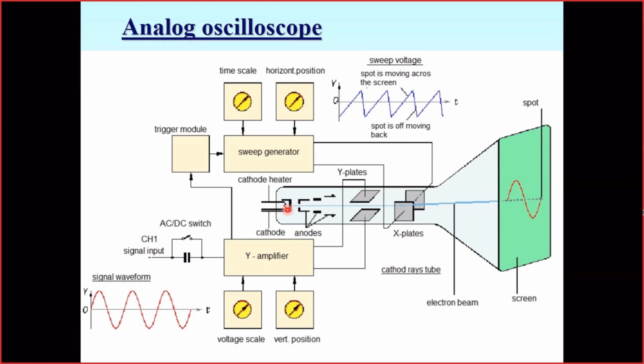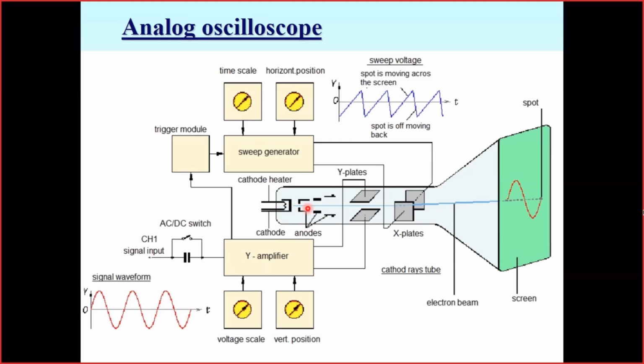The voltage for such a cathode ray tube may range from 300 up to 700 volts. It depends on the design of the tube, but it's quite high because we have to get a very narrow, very well focused electron beam. To get this beam, there is a series of anodes which provide the difference in voltage between cathode and anodes.